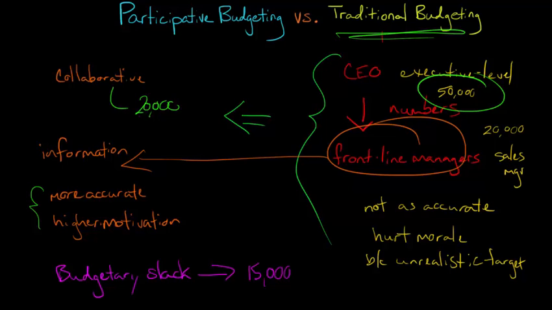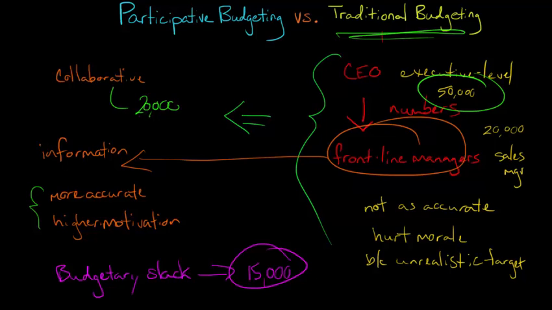It's kind of like, hey, look, I don't know what could happen. There could be some catastrophe. There could be some kind of problem. It might be that my employees, the frontline workers under the manager, don't work as hard, or there's some kind of issue that the sales manager wants to protect him or herself from, and they say, well, let me just say, you know what, I think we could do 15,000 units, right?